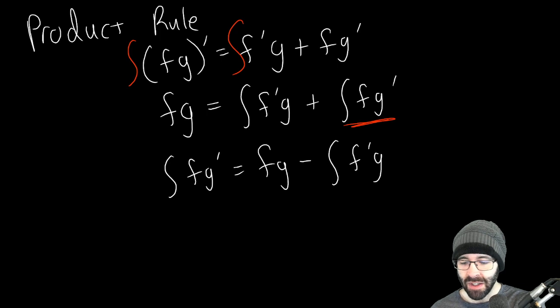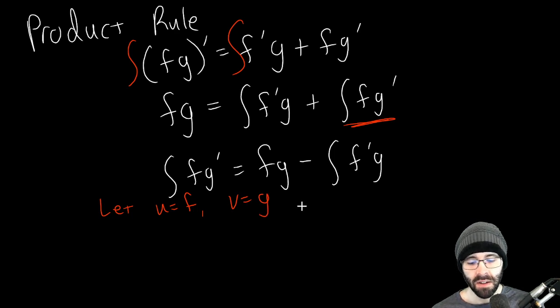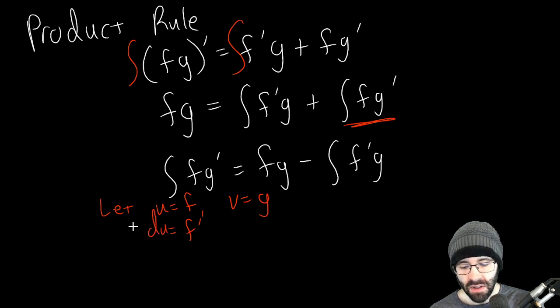So usually what we do is we let u be f and v be g, and then f prime becomes du, and g prime becomes dv.